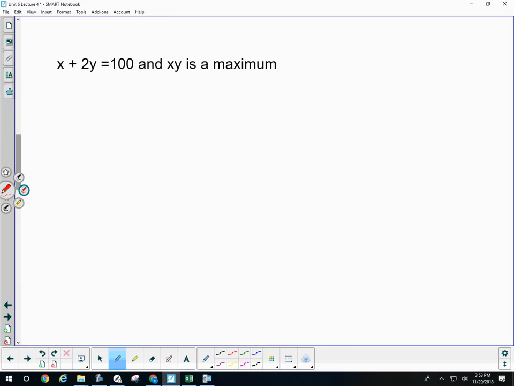All right, situation number 2. Now, the two numbers have to add to get 100 if you take the first number and add twice the second number. I want to figure out which two of these numbers produce a maximum when you multiply them together.